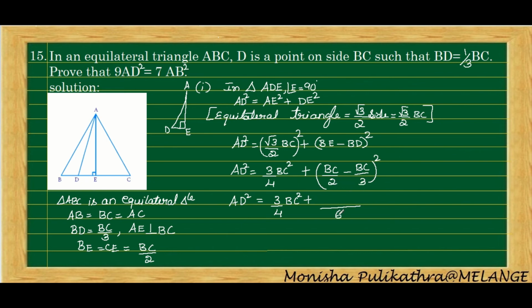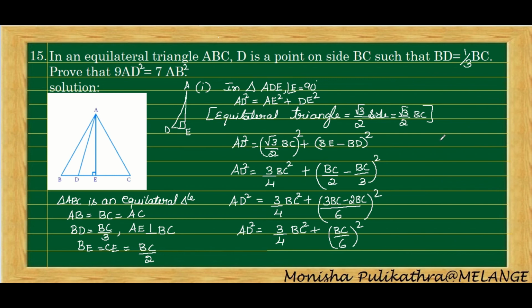So 2 3s are 6. 3 into BC is 3 BC minus 3 2s are 2 into BC is 2 BC whole square. So AD square is equal to 3/4 BC square plus 3 BC minus 2 BC is BC by 6 whole square.